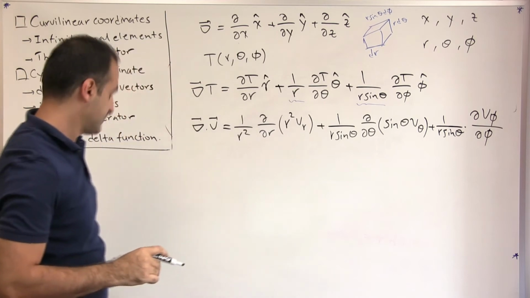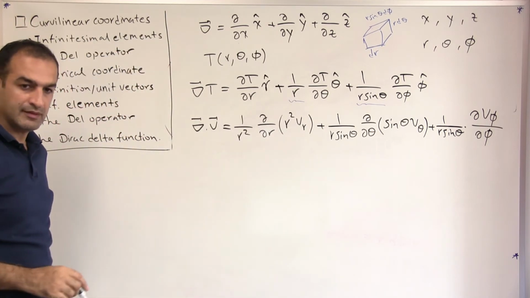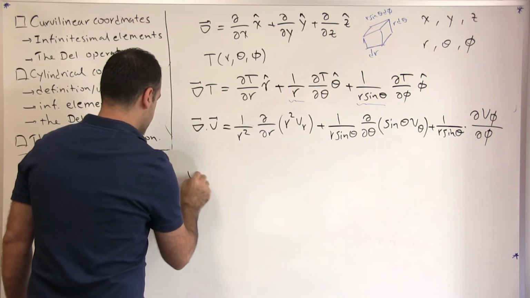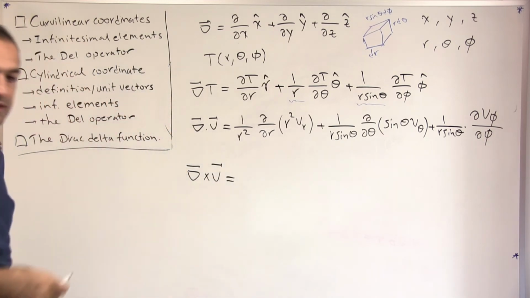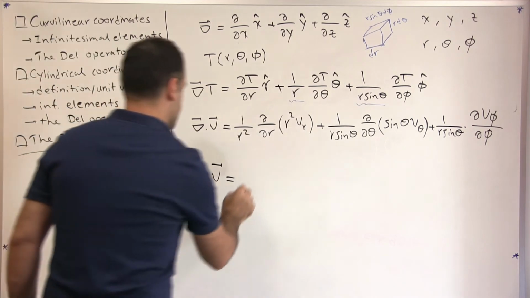Okay, and these are terms for the divergence. The curl becomes more complicated, and I'm just writing a determinant for you guys to see how the curl looks.